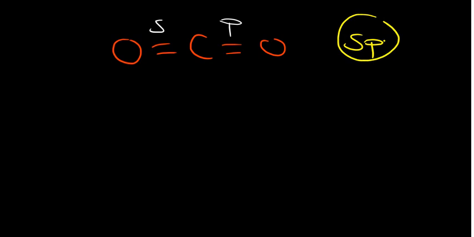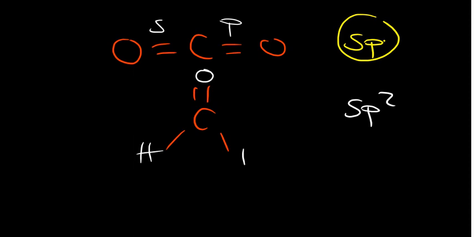There may be a case where they ask you to explain the types of hybridization that the carbon atom can undergo. So you can say carbon undergoes sp hybridization in a case where it forms two double bonds. Then the other type is sp2, where the carbon forms one double bond and two single bonds. This is the case where we have sp2.